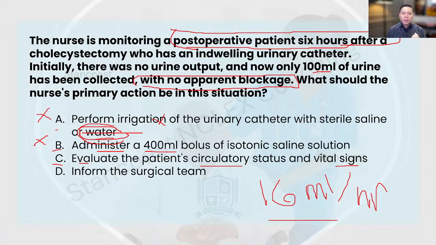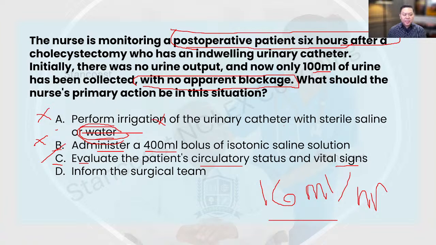What else? The skin turgor. You have to check the skin turgor to check for elasticity, if there is dryness, if the skin would not go back to its original position. So these are things that you need to do first before involving yourself in giving a bolus. All right, so I would choose this as my first priority nursing action.